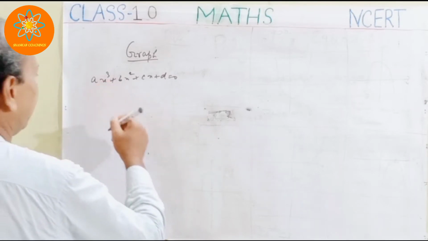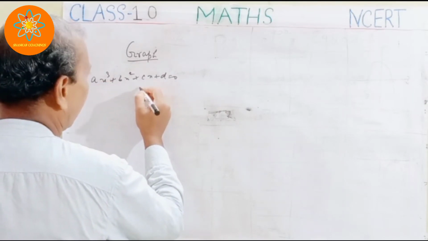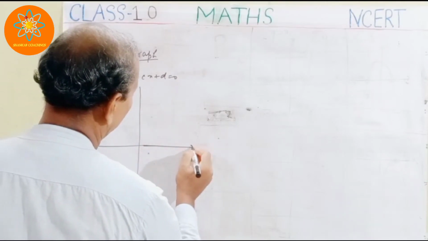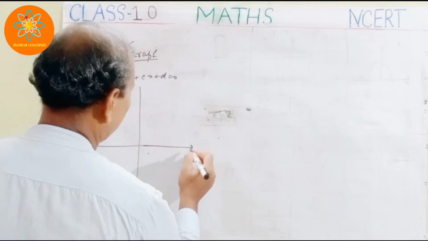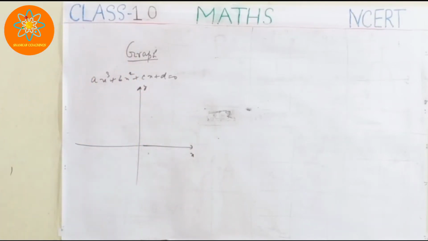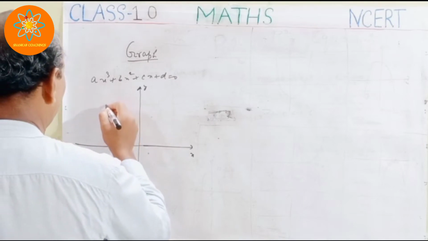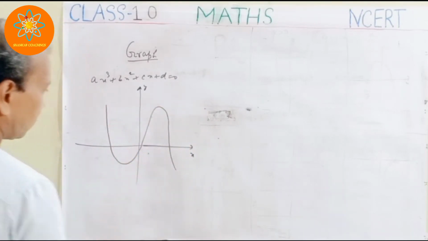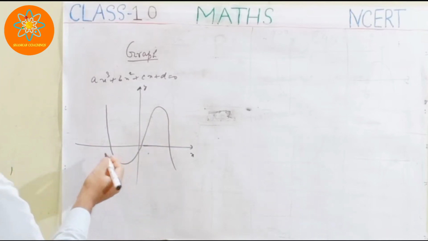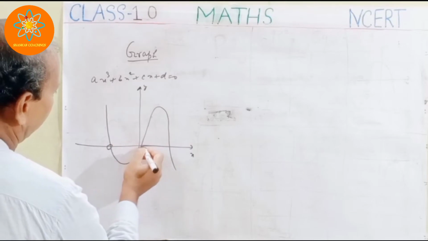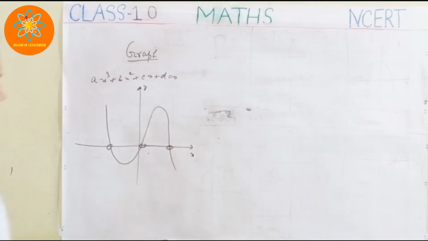Since the degree is 3, how many zeros will be there? 3 zeros will be there because the degree is 3. This is x-axis and this is y-axis. The graph will be like this. It cuts at 3 points, that means 3 zeros will be there: 1, 2 and 3.